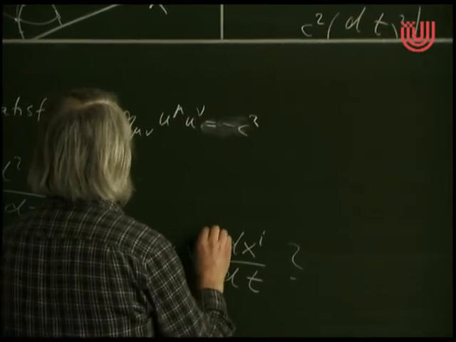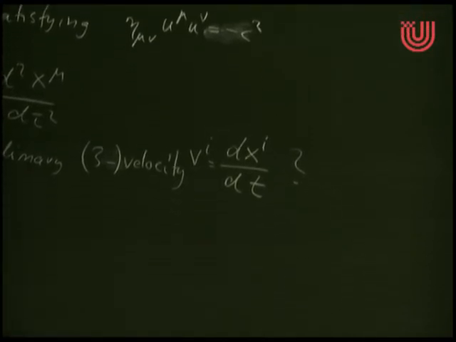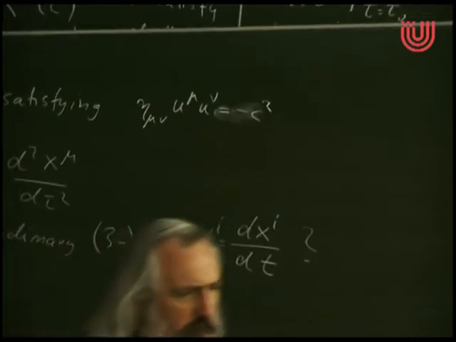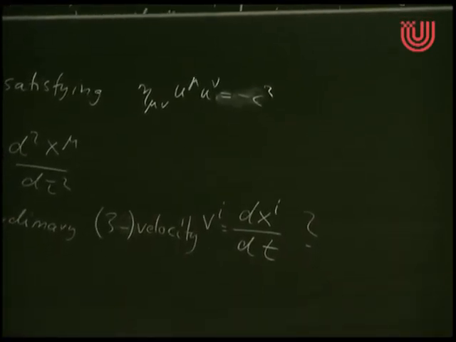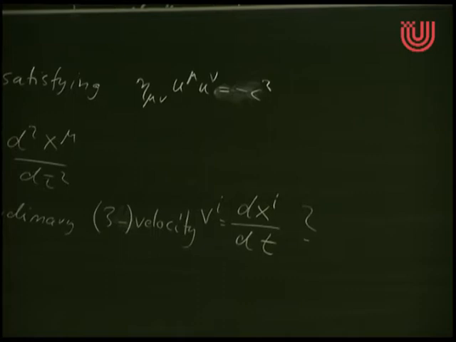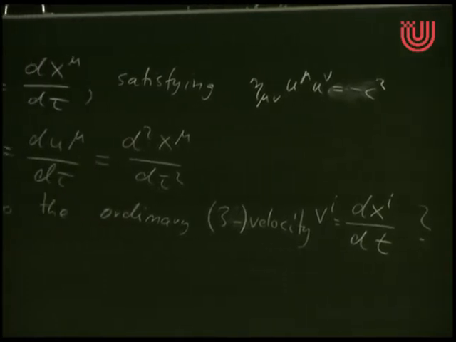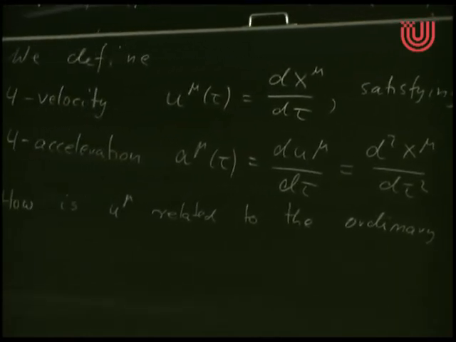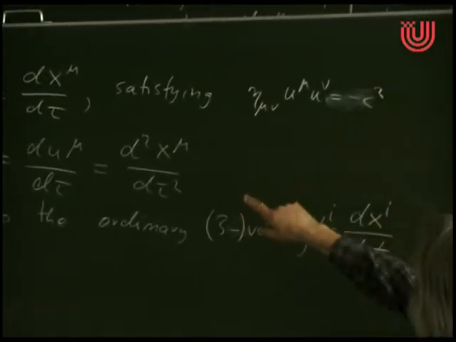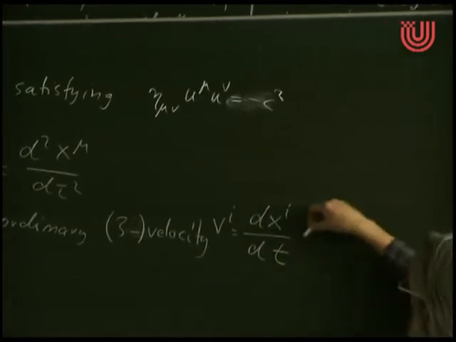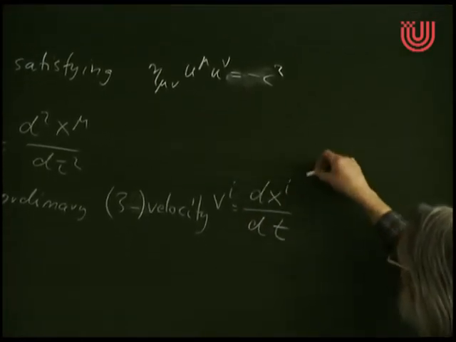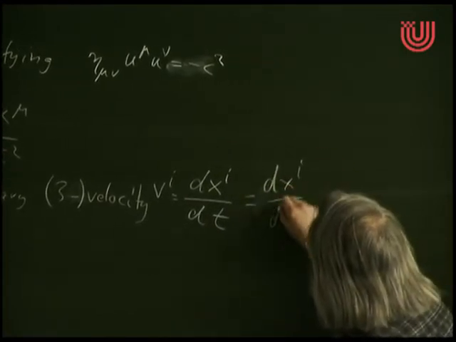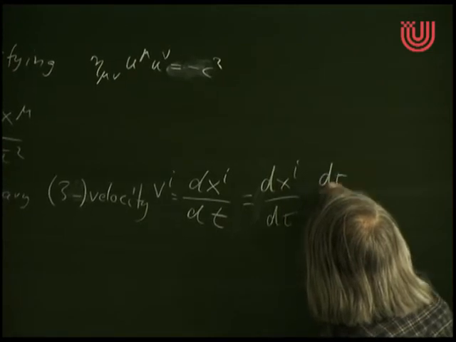So let's denote this v^i. Well, I have to do a little calculation in order to find this out. First I should mention that if we give our x^0, x^1, x^2, x^3 as functions of τ, and you want to calculate this, then we would of course do it with the chain rule. So we would write this in this form.